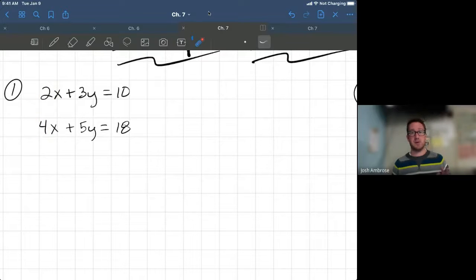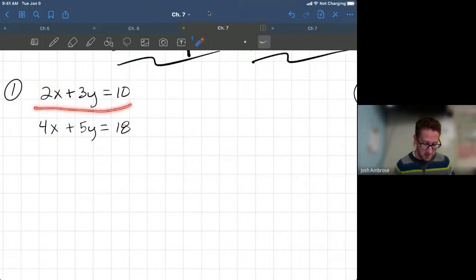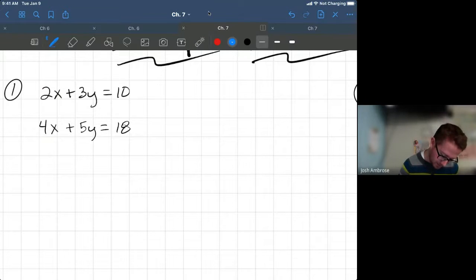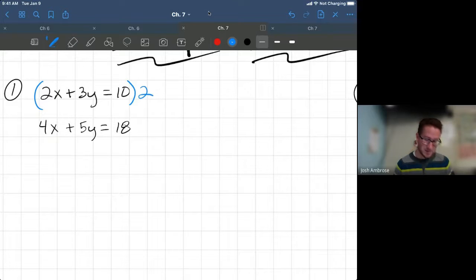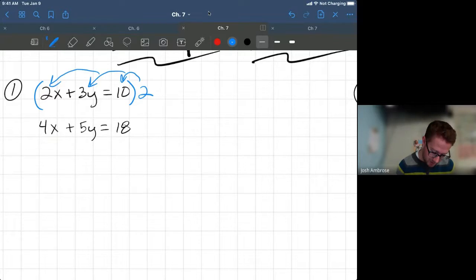So I'm going to focus on making this 2 become a 4. That means everything in this top equation is going to have to be multiplied by 2. So let's do that. We're going to put this in parentheses, put a 2 on the outside, and distribute the 2 into everything inside, all 3 terms.